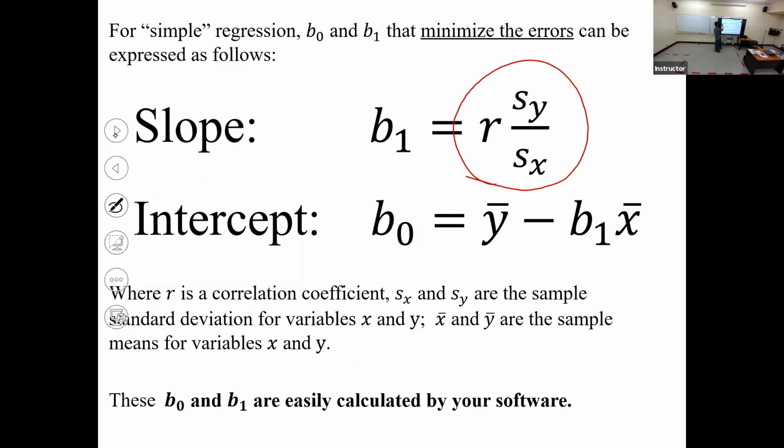What is R? Sorry, we discussed it yesterday. R is actually the correlation coefficient. This can be positive or negative or 0, but the maximum is plus minus 1.